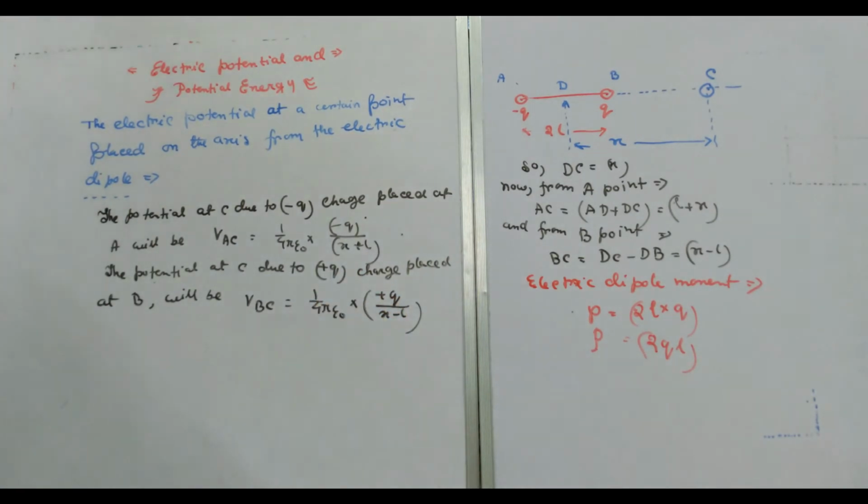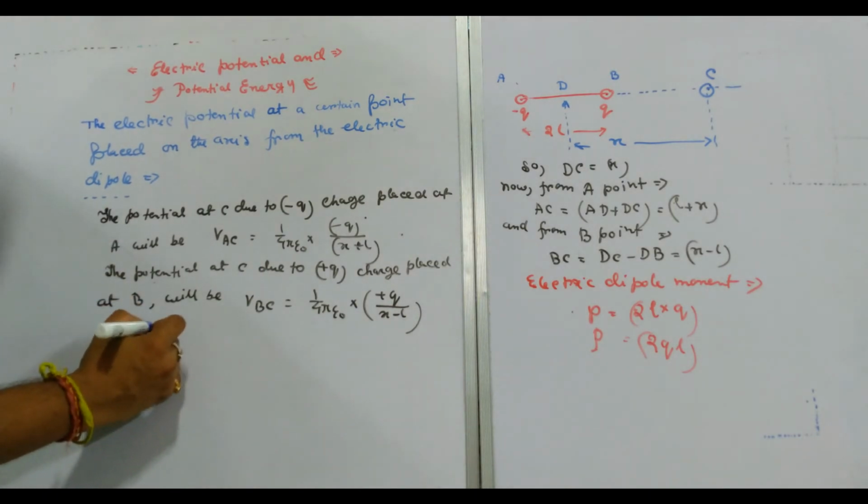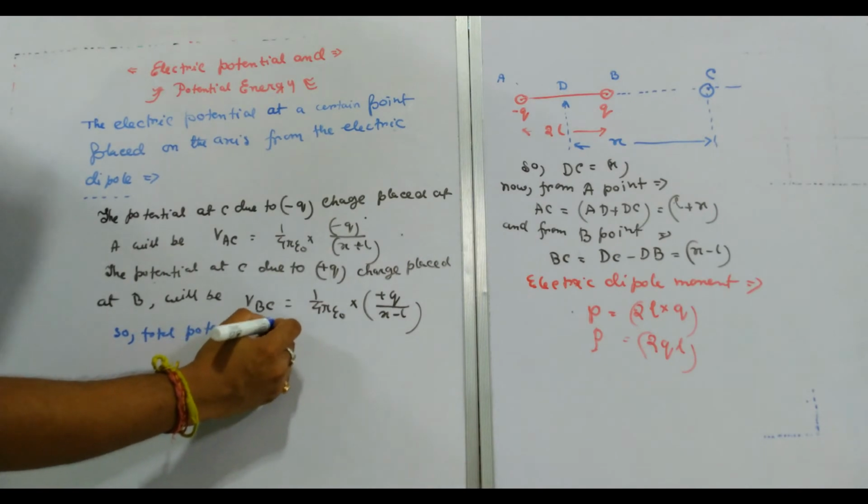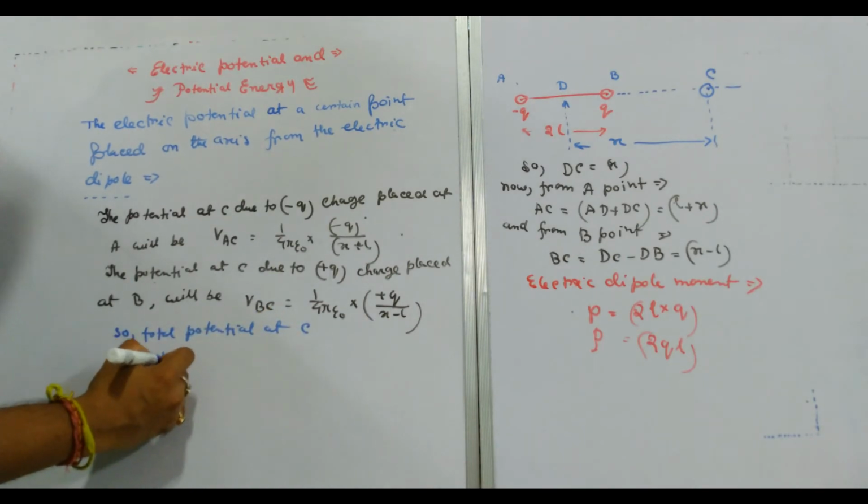So to find the total potential at C, we just add up the two things. So the total potential at C, this will be VC.